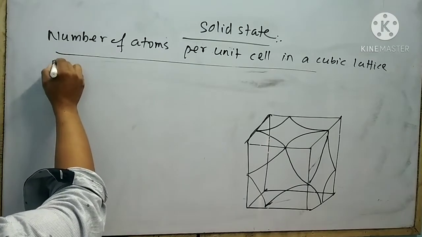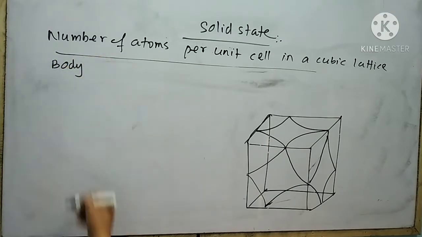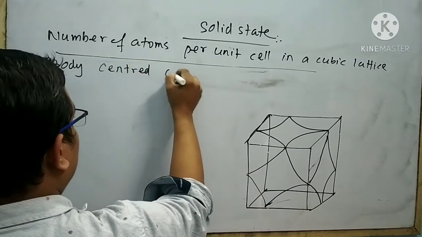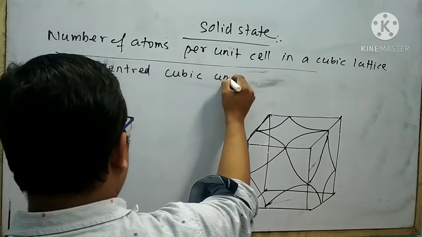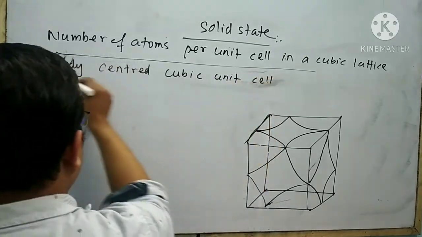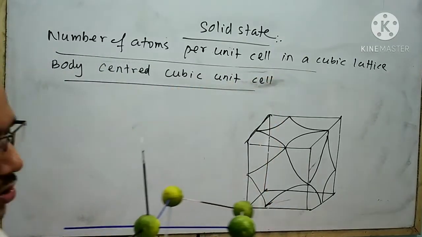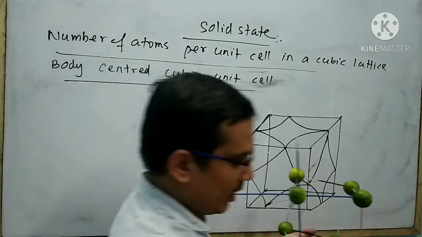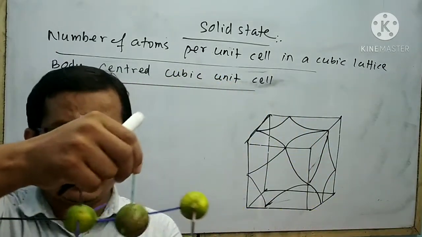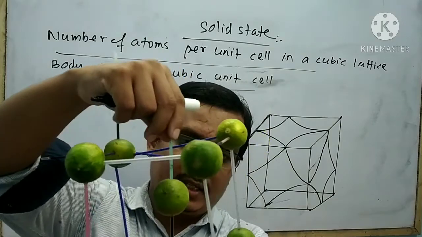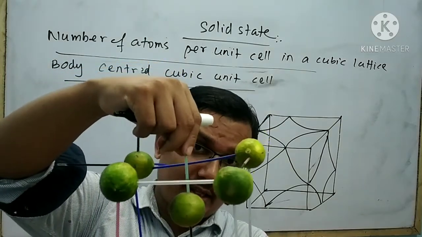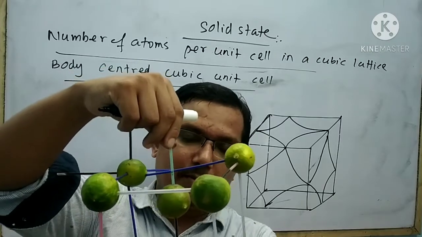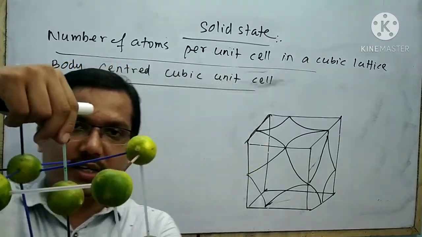Next I will explain the number of atoms for the body centered cubic unit cell. This is your simple cubic unit cell, where an extra constituent particle is present at the center of the body. Then this unit cell is considered a body centered cubic unit cell.